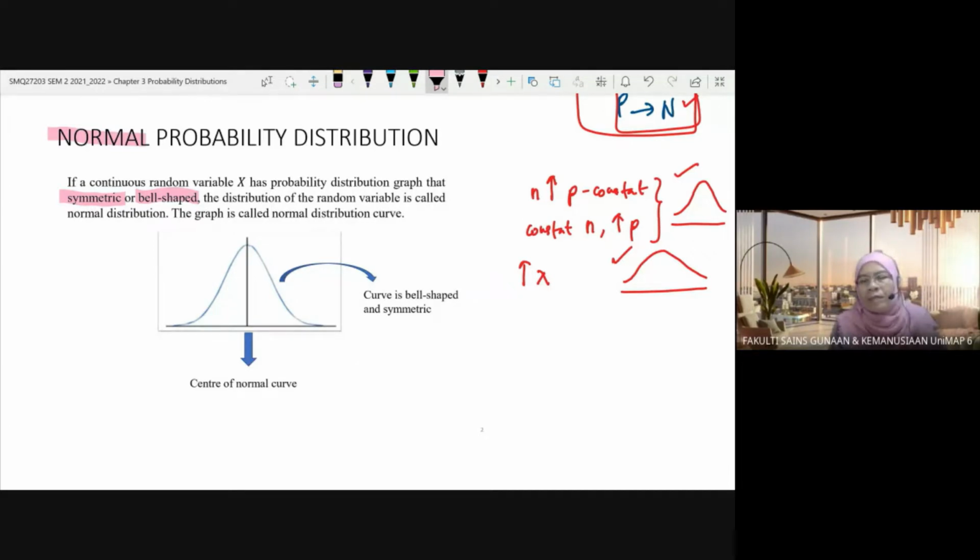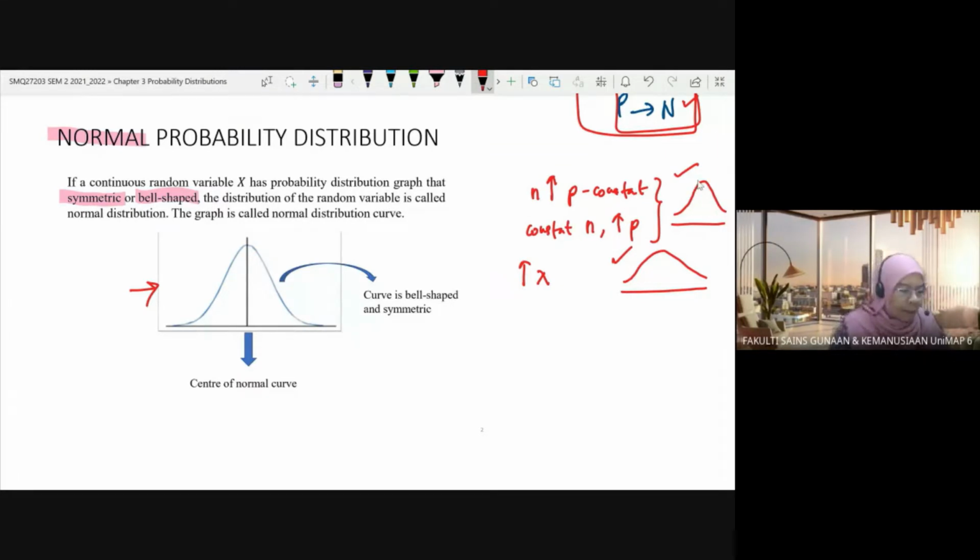When people talk about normal distribution, symmetric distribution, or bell-shaped distribution, they are all talking about this particular distribution. It is very symmetric. The distribution of the random variable is called the normal distribution, and the graph is called the normal distribution curve. This is how it looks.